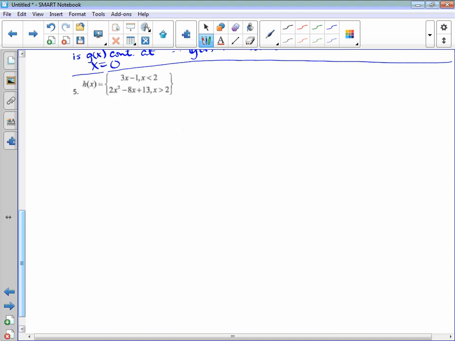What do you think about number 5? Is h of x continuous at x equals 2? It doesn't ever include 2, so your very first step would be h of 2 does not exist.